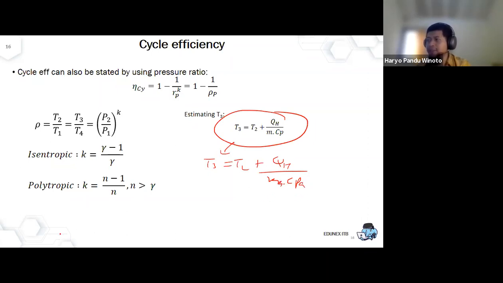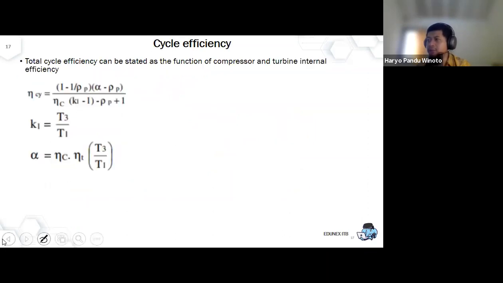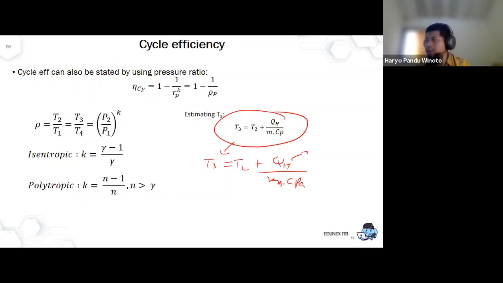QH is the moles of fuel multiplied by its heating value, maybe LHV. That's all, you can estimate it.